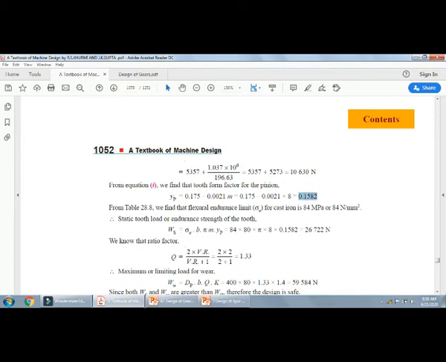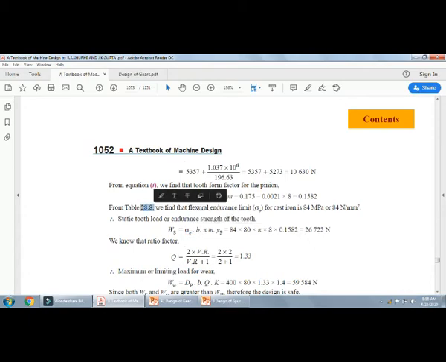From table 28.8, we find the flexure endurance limit for cast iron is equal to 84 megapascal. So we will calculate sigma E taking 84 megapascal.